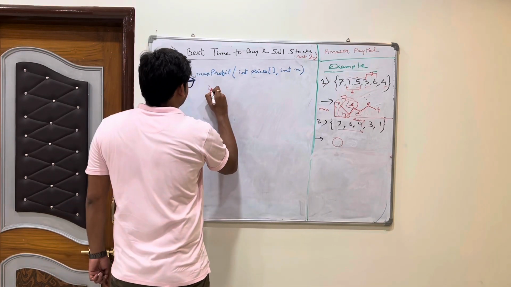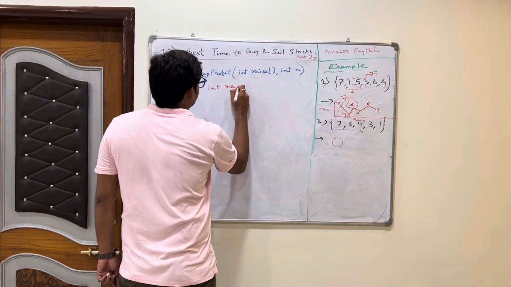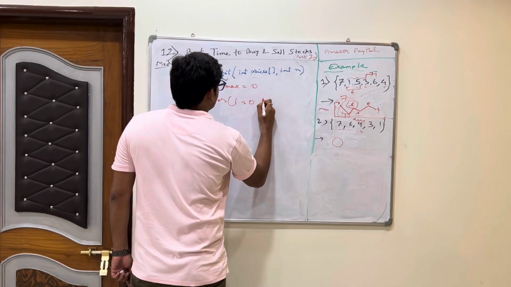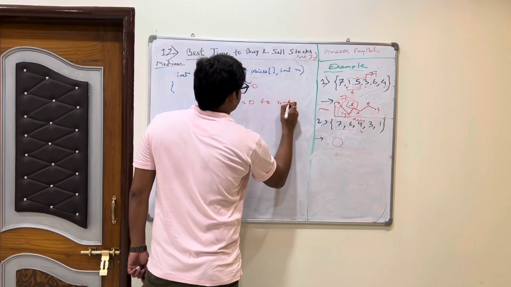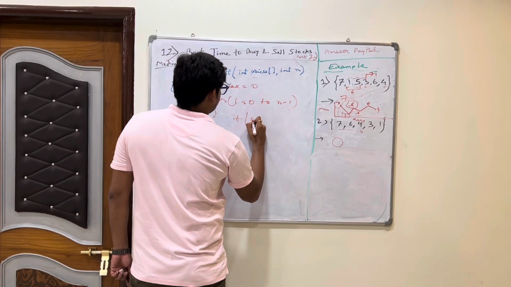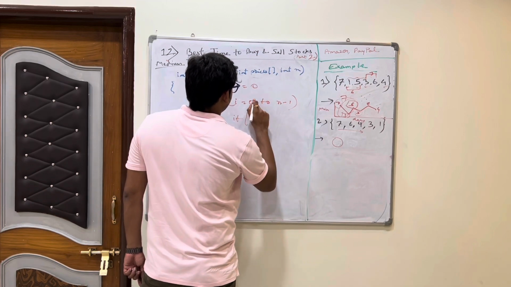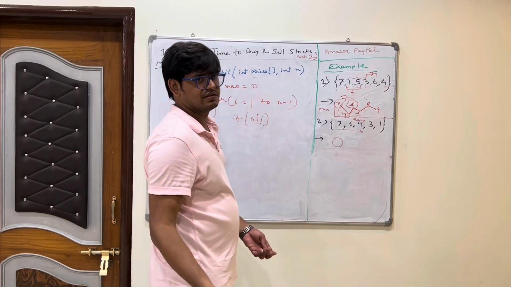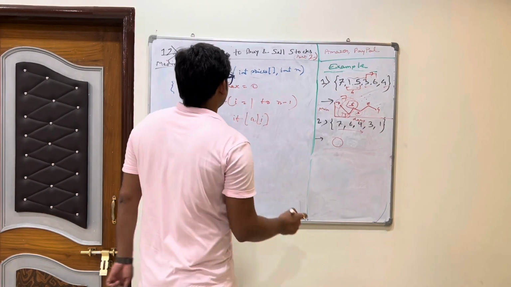So we have int max equal to 0, for i equal to 0 to n minus 1. Let's start it from 1, because if there are two shares then only we can buy and sell, right?